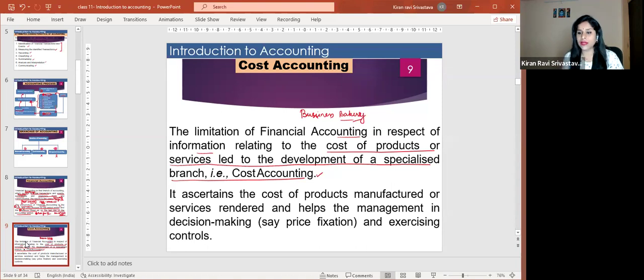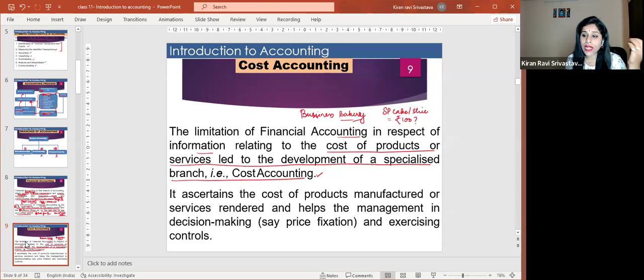Now, if I tell you that I sold a slice of cake worth rupees 100, what will be my profit? Is 100 rupees my profit? Selling price of cake per slice is, or rather call it a pastry, rupees 100. What's my profit?